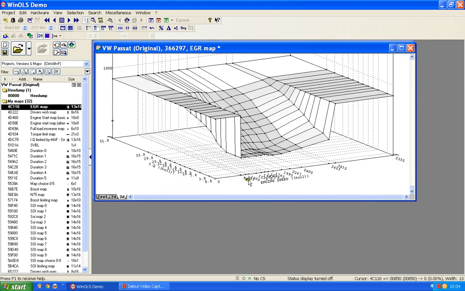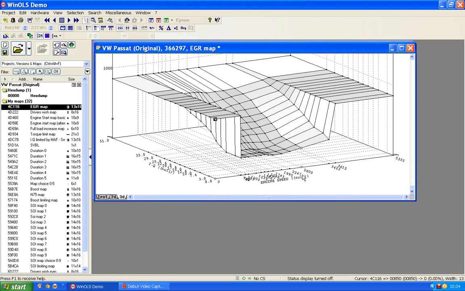Now it's probably simpler in your own mind to look at these as two separate things. So in other words, what happens when injection quantity rises and what happens when engine speed rises, and then once you've got that straight in your mind, try and put the two together. So okay, let's have a look at what's happening as engine speed rises.